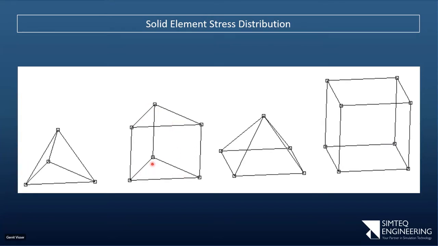On that face, I haven't shown it in the calculations, but on that face, I can again only have a constant stress in this direction, a constant stress in that direction. In other words, if the height is the Z direction, this element has a constant stress in X and Y, but the stress in the Z can vary as a function of the location.